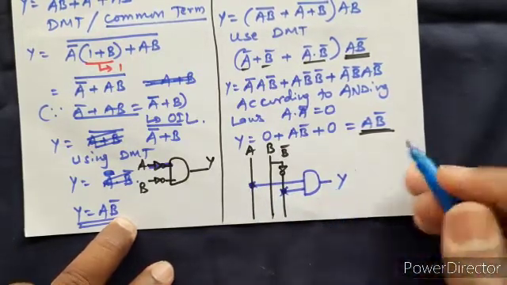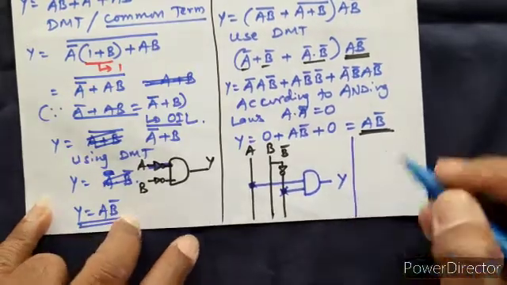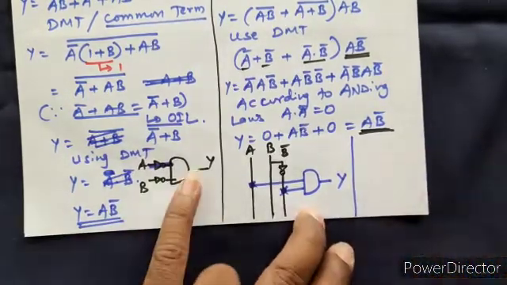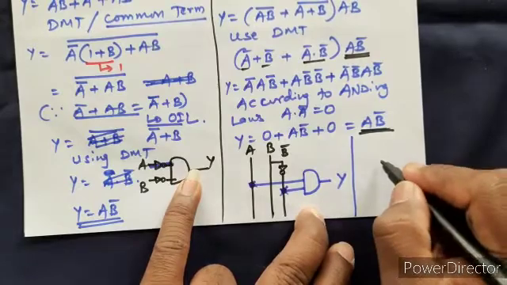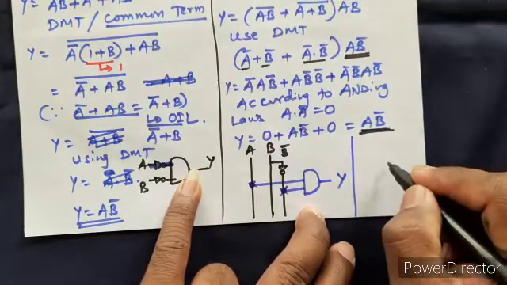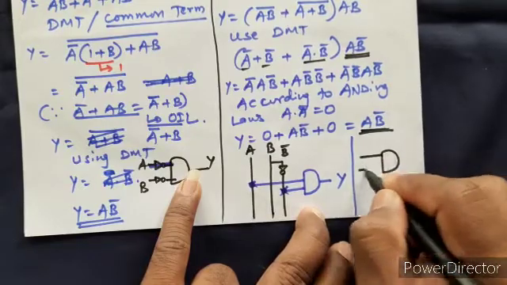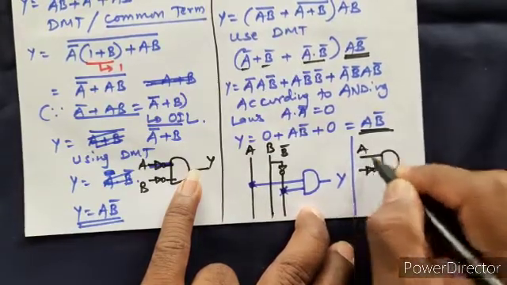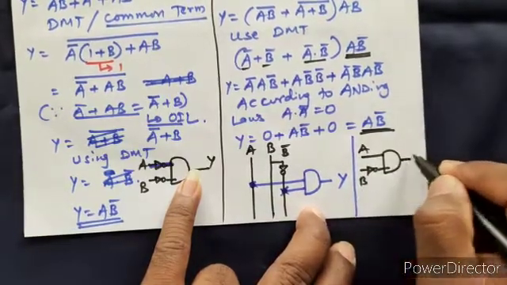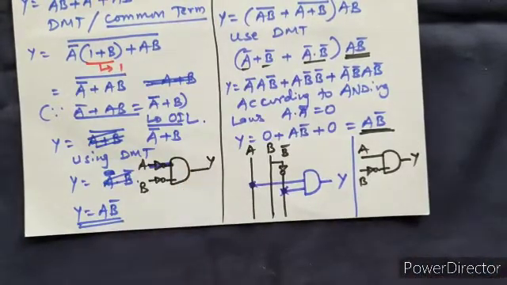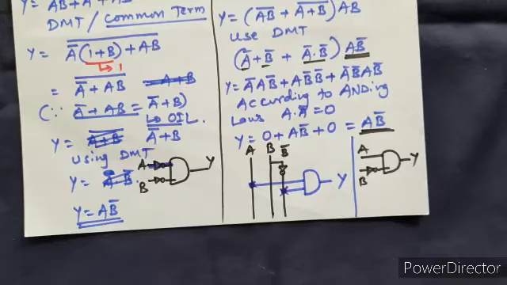Okay, so this is one way of drawing this, or simply you can draw in this way also. Earlier ways we have seen. AND gate, so this is an AND gate, we have A and we have B bar. So this is A, this is B, and this is Y.